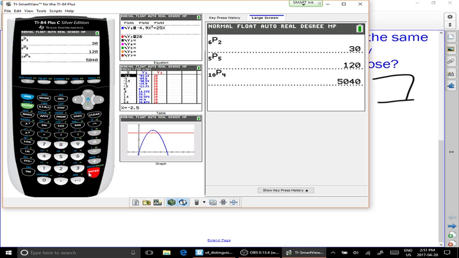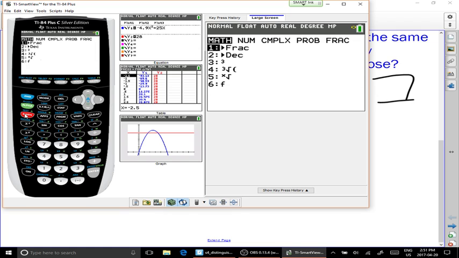So if I was to ask you for the number of 5-digit numbers Robert could pick, how would we find that using permutations and the graphing calculator? Ten pick 5, right. So we can go 10 pick 5 to find the number of 5-digit numbers he could pick.